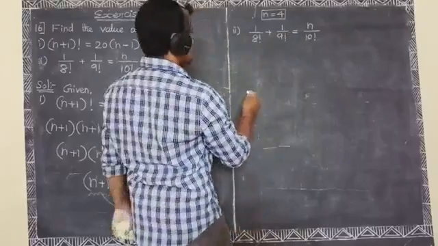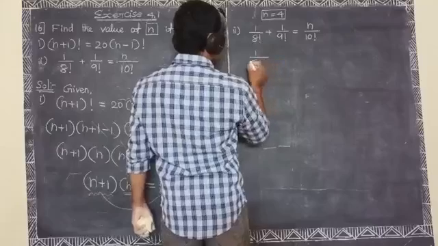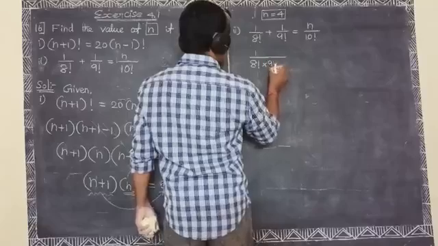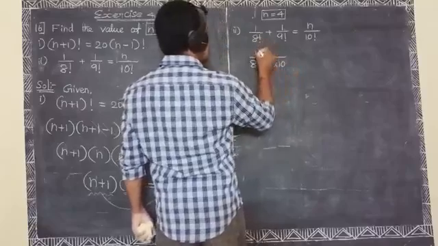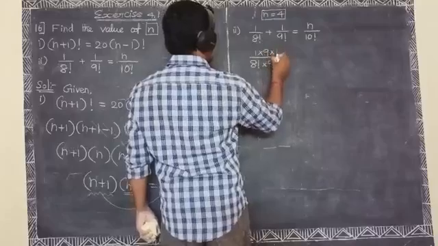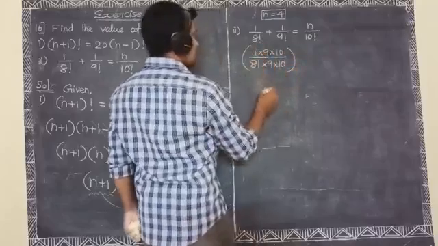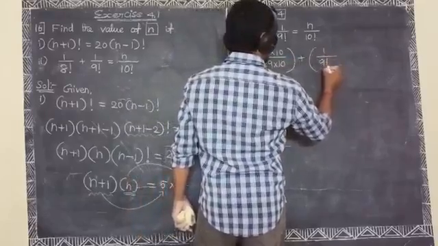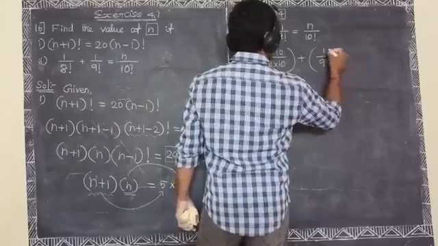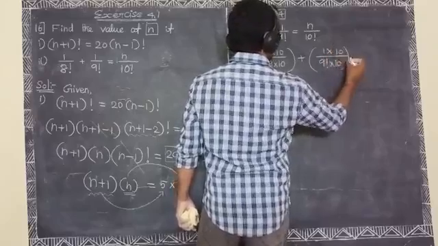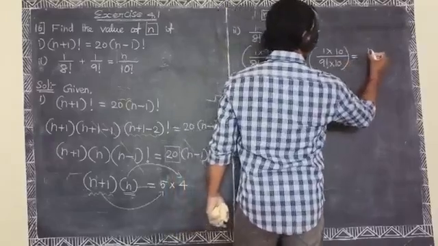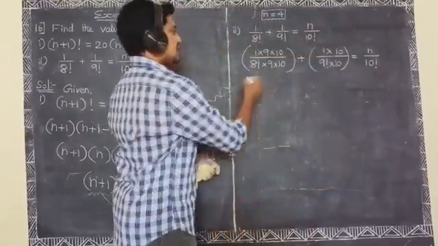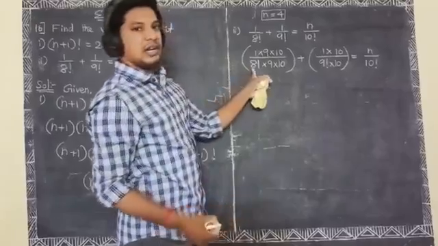Here 1/8! becomes 9 × 10 over 8! × 9 × 10, so the numerator product for the first term is 9 × 10.